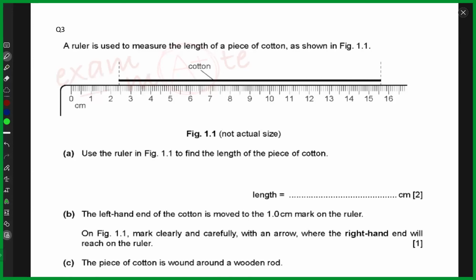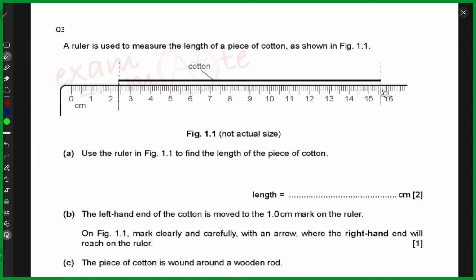The other way is that if I find the two extreme distances of this cotton and subtract both of them, then I'll get the length of the cotton.